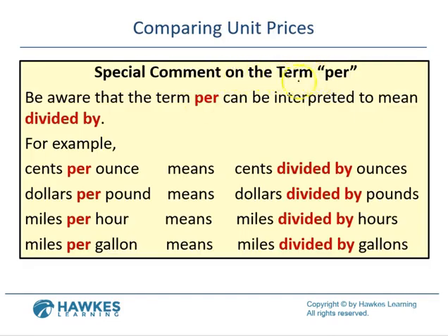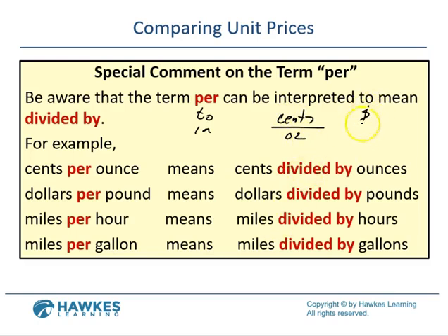The special term per, as you just heard me say: be aware the term per can be interpreted to mean divided by. For example, cents per ounce means cents divided by ounces. Per can also mean to, or in.